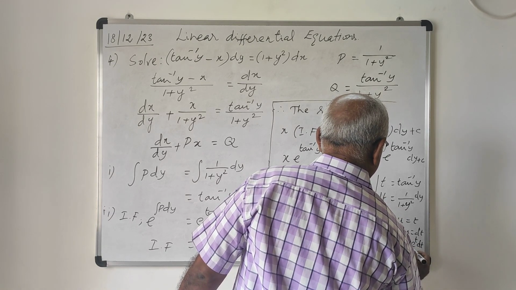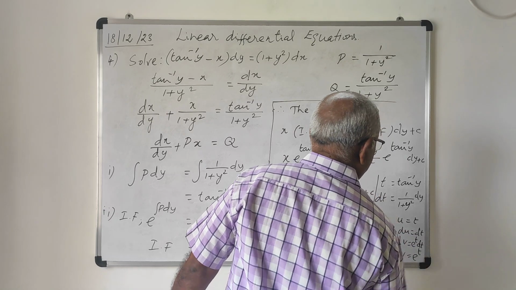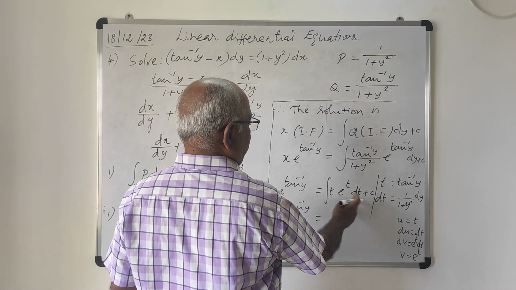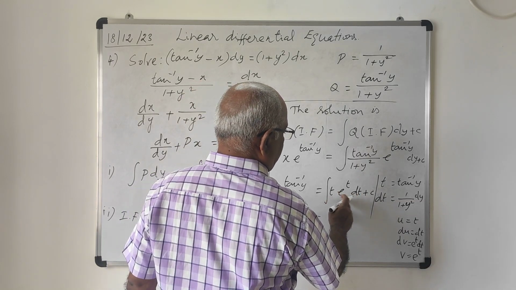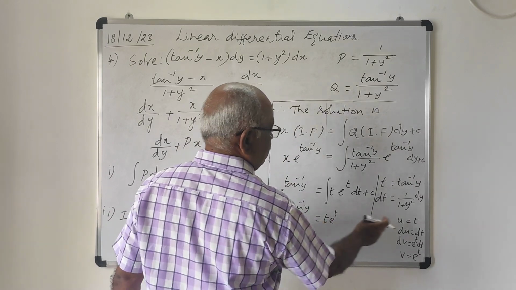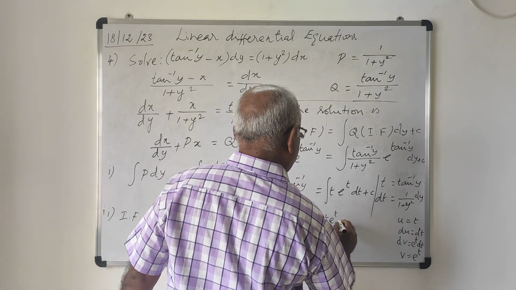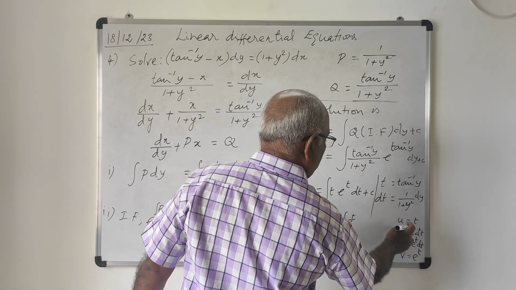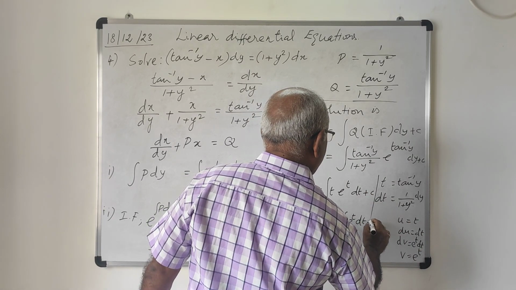Therefore v, after integration, is e power t. So this is the integral u dv form: u dv is uv minus integral v du, that is t e power t minus integral e power t dt, plus c.